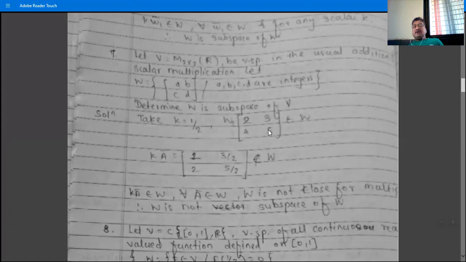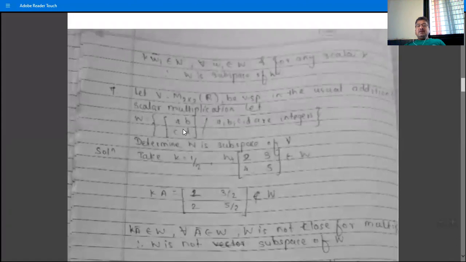This A belongs to W, and this K into A does not belong to W, because although this is a 2 by 2 matrix, these entries 3 by 2 and 5 by 2 are not integers. When does a 2 by 2 matrix belong to W?